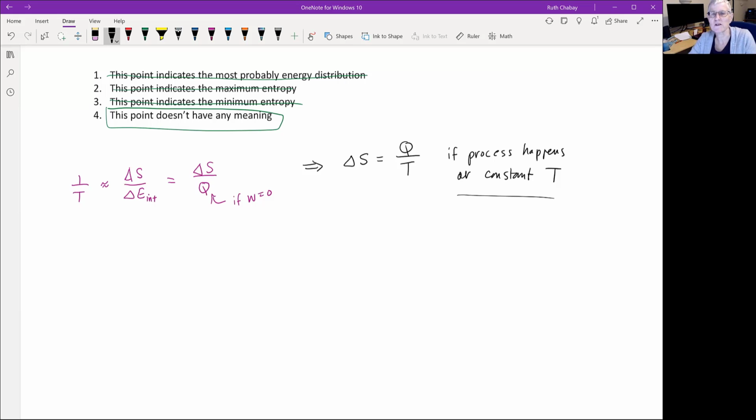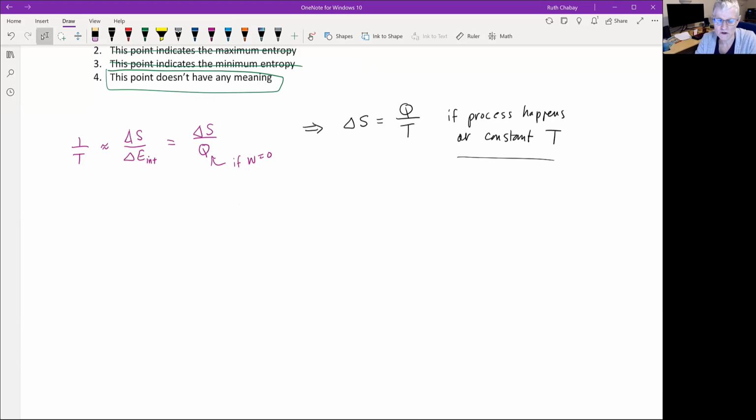Well, there is a process like that, and you may have actually done experiments with this in a chemistry class or a physics class before, and it has to do with melting and freezing, which actually occurs at constant temperature.